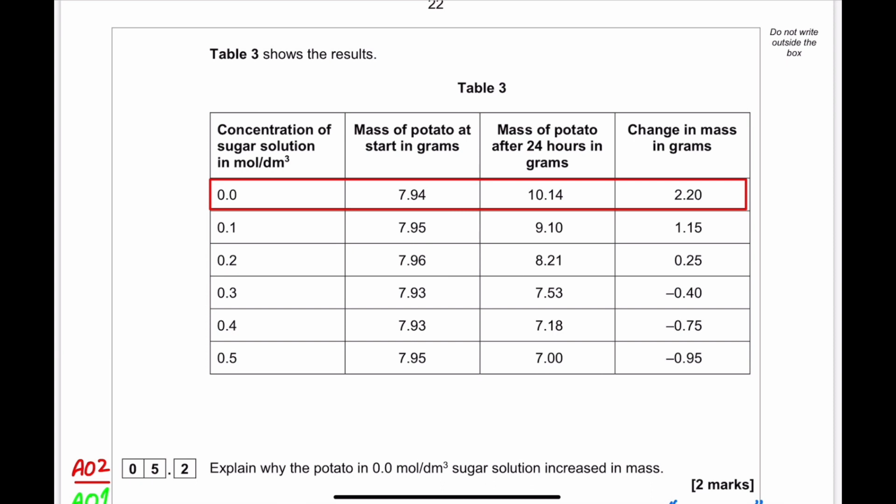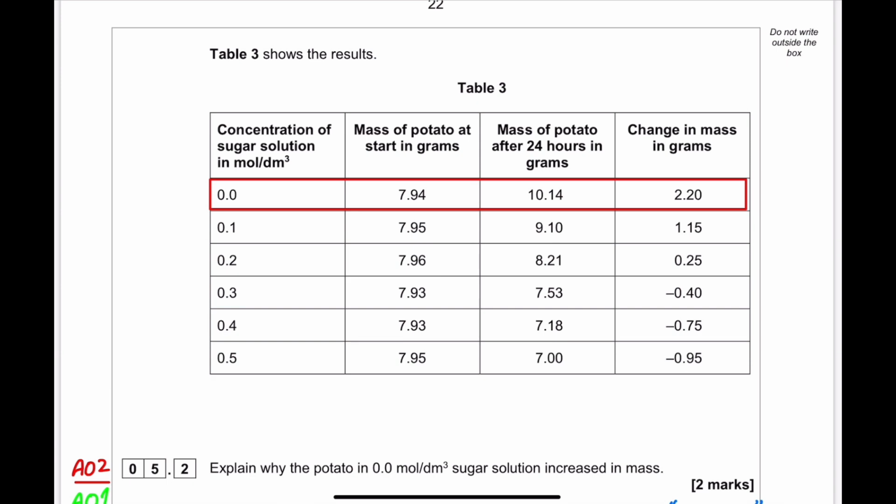Therefore, the concentration of water is higher outside the potato piece than inside the potato piece. Therefore, the water will move from outside to inside the potato piece due to the osmosis process. And overall, there will be an increase in the mass of the potato piece.